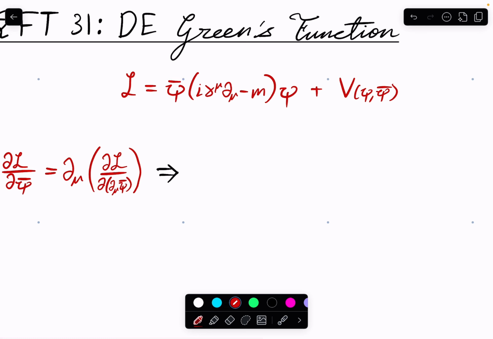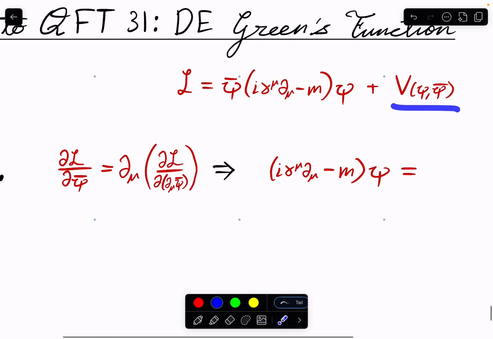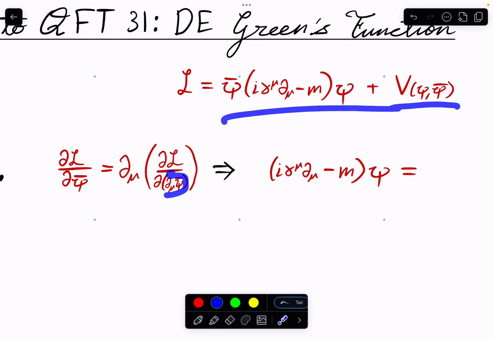So on the left-hand side, we have i gamma mu partial mu minus m, then psi. And now we're doing the right side, the derivative with respect to the gradient. There are no terms here or here that depend on the gradient of psi, so the right-hand side will be 0.